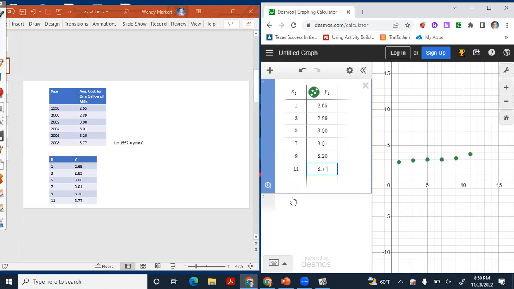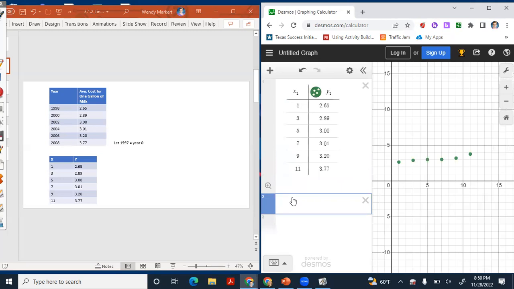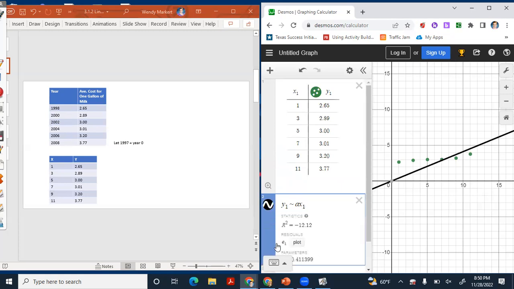So let's use linear regression and see what Desmos tells us. I'm going to type y1. It makes the 1 a subscript. I'm going to type in the tilde again, and then ax1 plus b.